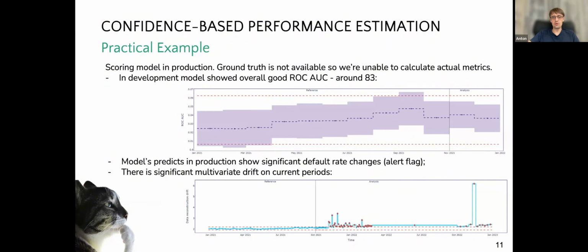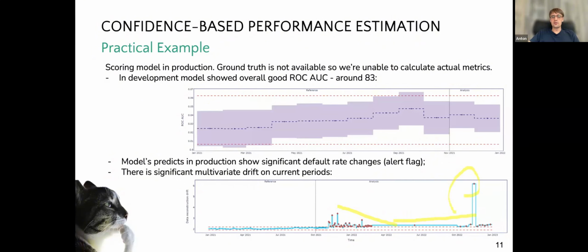Let's have a look at the second plot here, where we measured PCA reconstruction error over the same periods. What we see here is significant multivariate drift over the period of the end of 2022 and later, especially here.